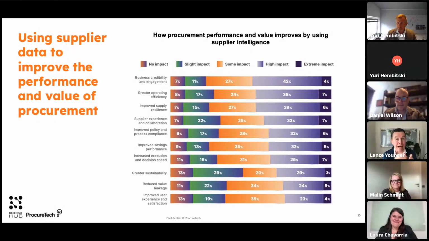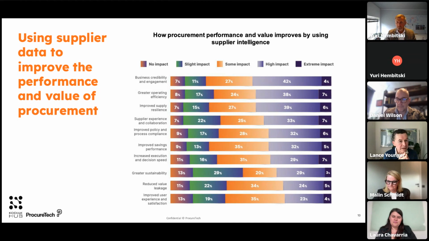The expected outcome from having better information is credibility and business engagement. Second highest on the list was productivity, then supplier resilience, experience, and policy. And interestingly enough, you've got savings relatively low down the list. Now, granted, it has some impact, but it's relatively low on the list of how this intelligence improves performance as well.